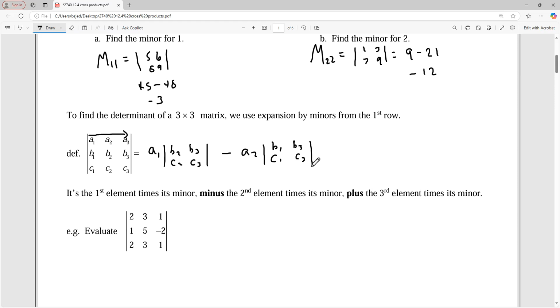Oops, I should close that determinant. I would have A3 times the determinant of, if I block out this column here, I'm left with B1, B2, C1, C2. And this one would be positive because the element in the first row, third column, if I had 1 plus 3, that's 4, which means it's positive.